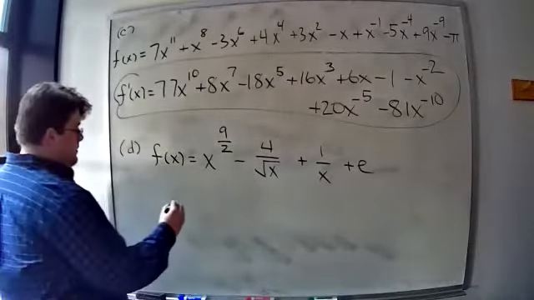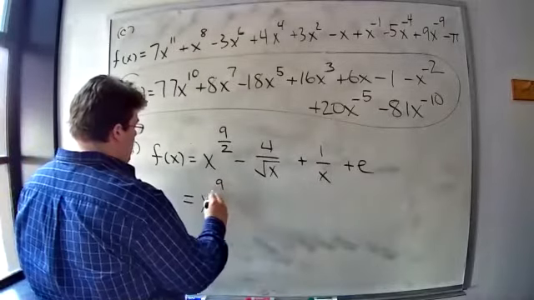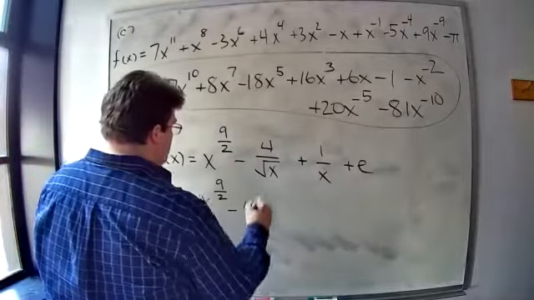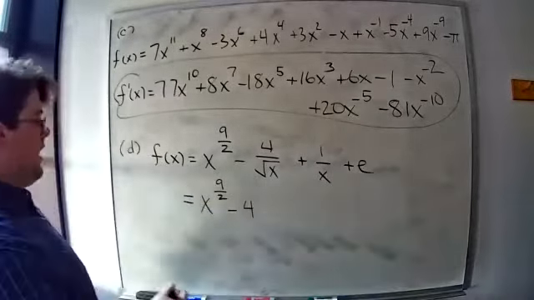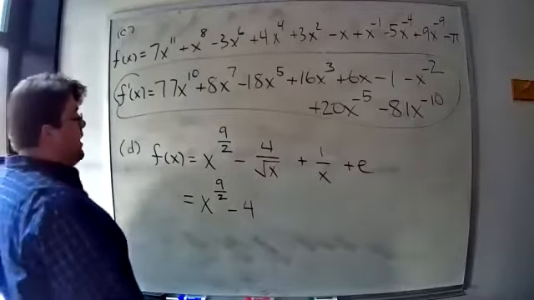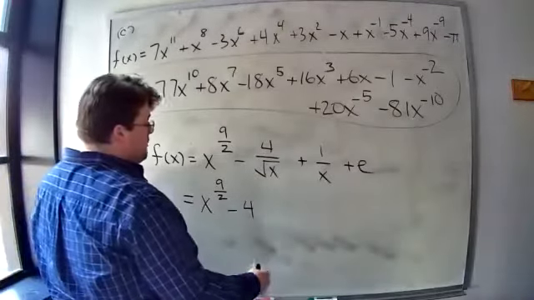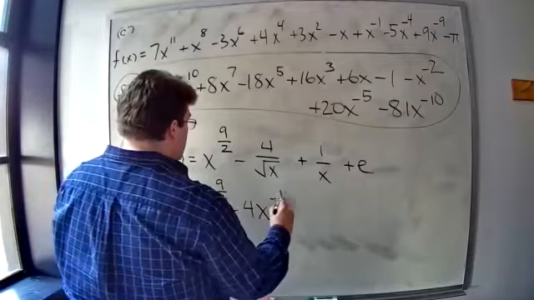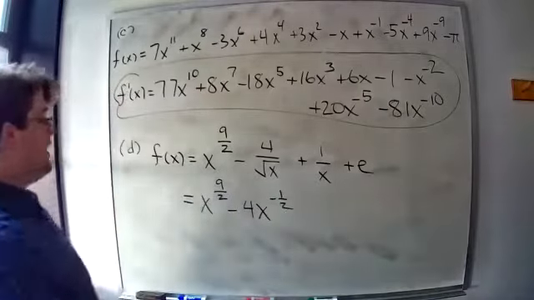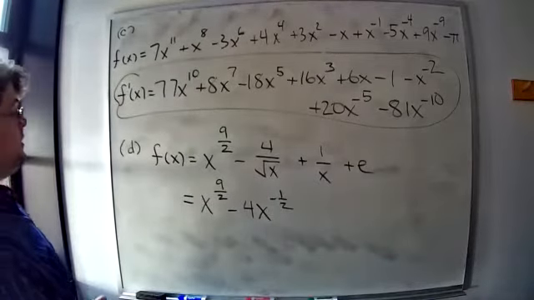Another thing we can do is write these as x to some power. So root x, remember, is x to the half. So if that's in the denominator, we can write that as x to the negative half in the numerator.